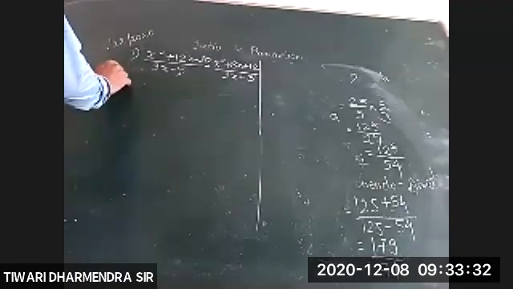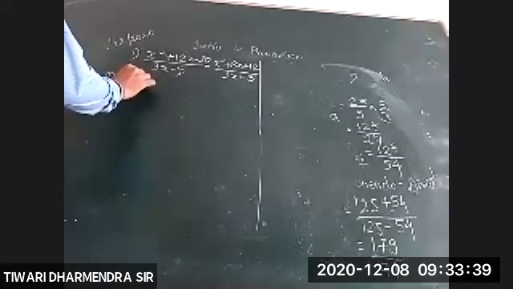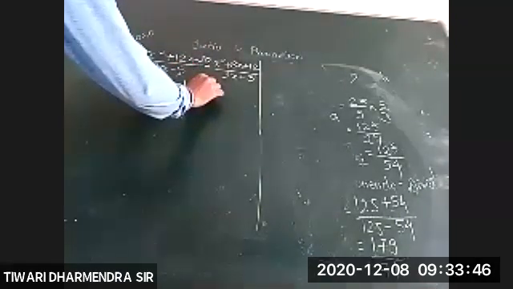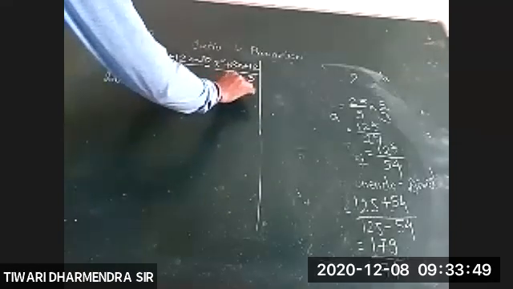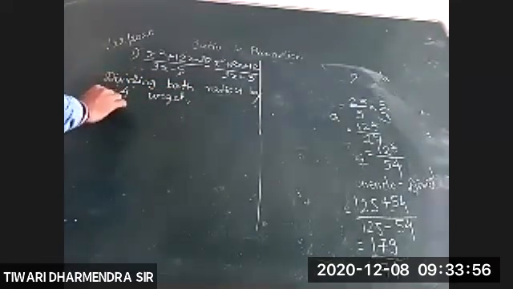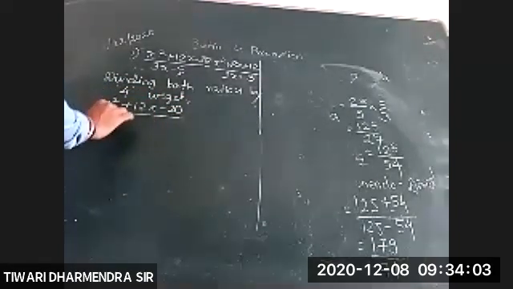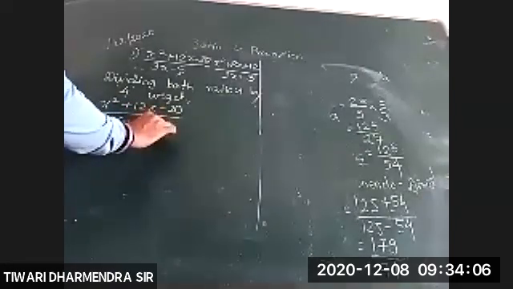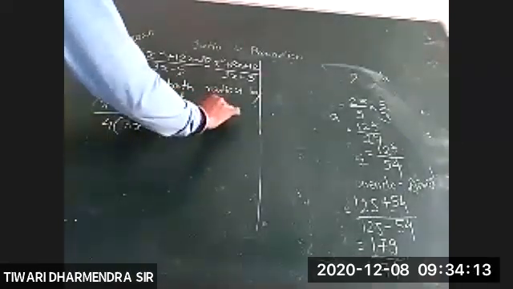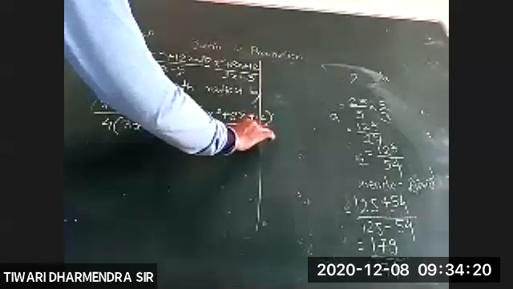Let's do this. Therefore, dividing both ratios by 4, we get (x square plus 12x minus 20) upon, dividing means it gets multiplied to the denominator, 4 into (3x minus 5), is equal to (x square plus 8x plus 12) divided by 4 into (2x plus 3).